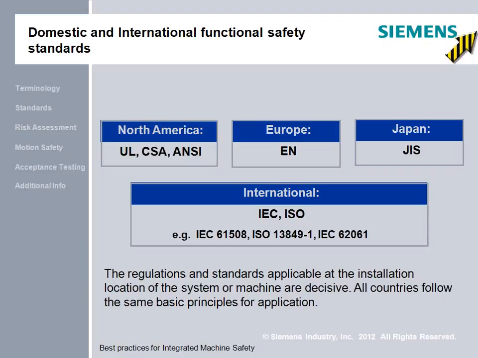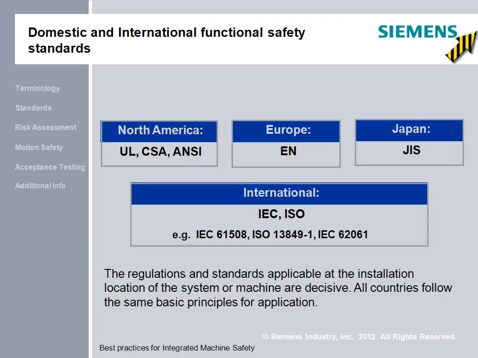In North America, we're typically looking at Underwriters Laboratory, the Canadian Standards Association, ANSI. In Europe, the European norms. In Japan, the JIS, the Japan Industrial Standards.